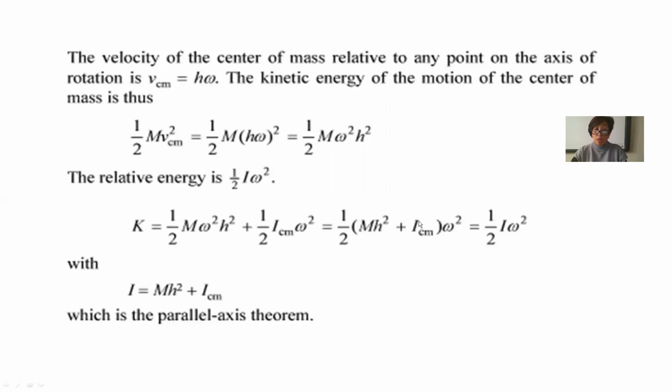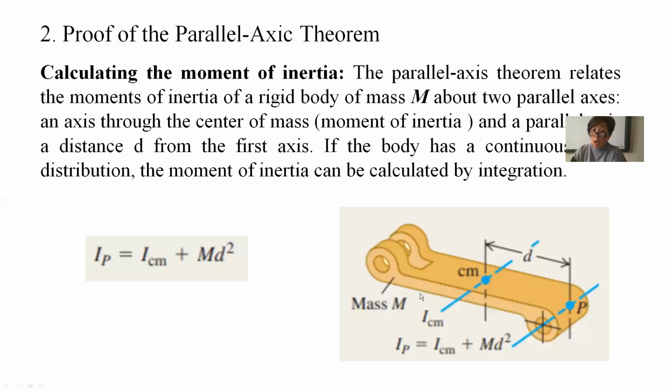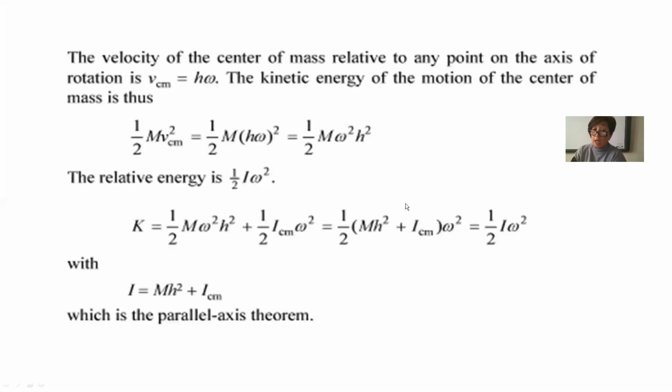We know this is the moment of inertia, because this is a rigid body. We know the moment of inertia of the center of mass plus m d squared, and we replace this moment of inertia in the final formula for E with omega squared over 2, because this is the parallel axis theorem.